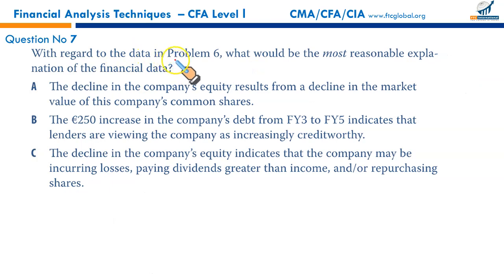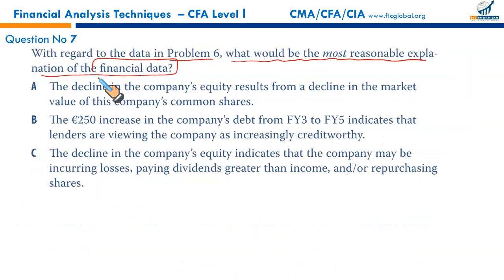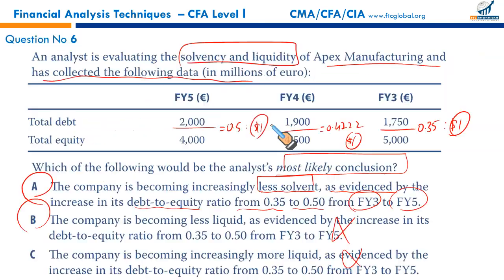With regard to data in problem 6 previously, what would be the most reasonable explanation of the financial data? First, the decline in the company's equity results from a decline in the market value of the company's common shares. Absolutely wrong. Market value of the share has nothing to do with equity.